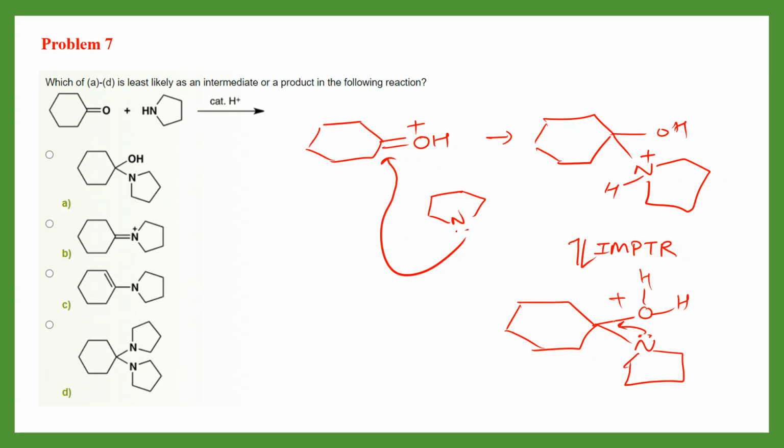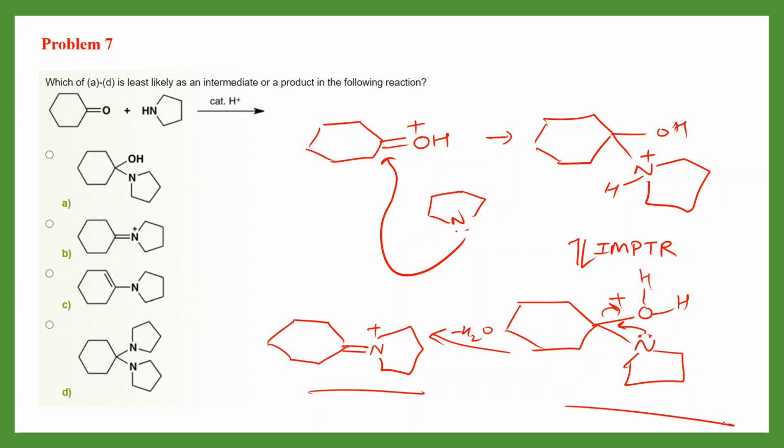Nitrogen lone pair will go and knock off a molecule of H2O. Correct? So one of the intermediates is this, one intermediate this, one is this. And at last what happened? Formation of enamine takes place.